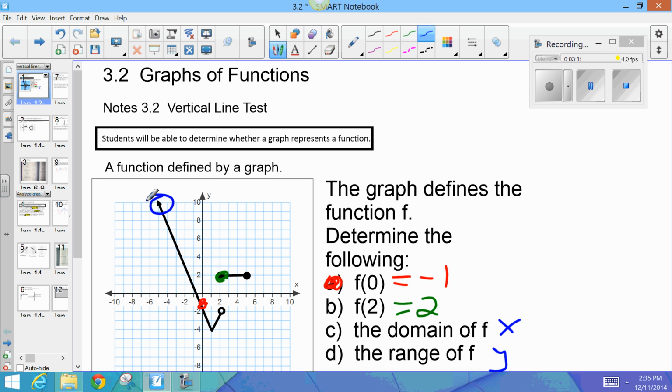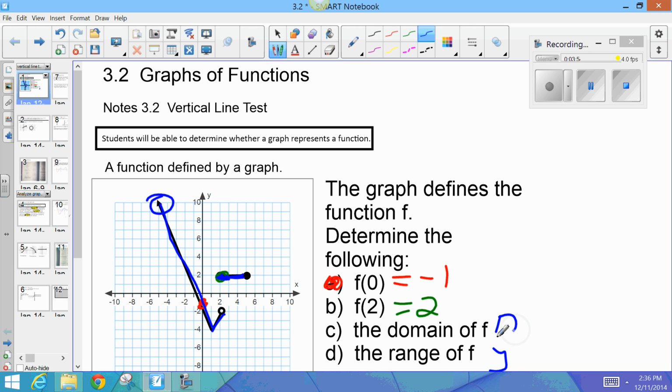It continues from that point to the right until we get to x equals 2, and then it stops. It's discontinuous there, but it does pick up at x equals 2 again, and it continues to the right until we get to x equals 5, and then it stops.